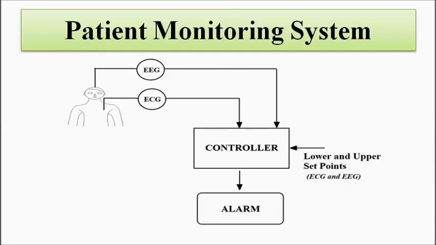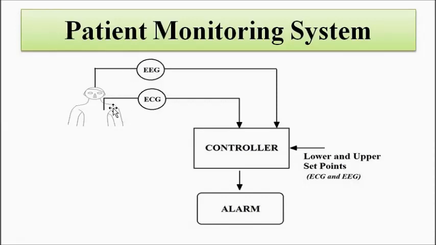Suppose we have a monitoring system which can measure any number of parameters, but here we are just measuring the EEG and the ECG signal. So the ECG and EEG signals are measured with the help of suitably placed electrodes on the body.